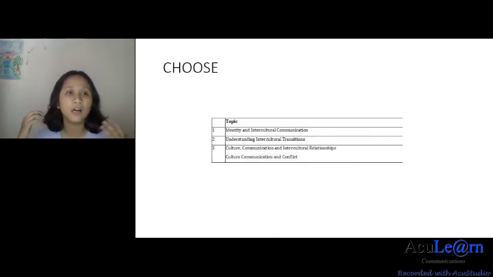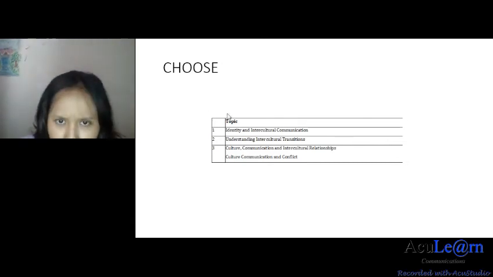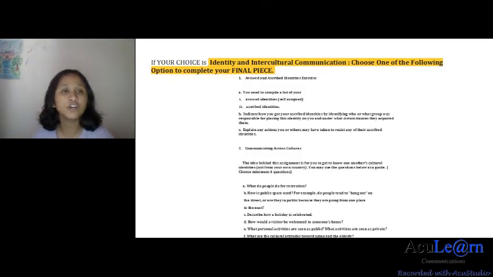With this final piece, you choose one of the following topics: identity and intercultural communication, understanding intercultural transition, or the third one, culture, communication, and intercultural relationship. If you choose number one, identity and intercultural communication, you choose one of the following options to complete your final piece.